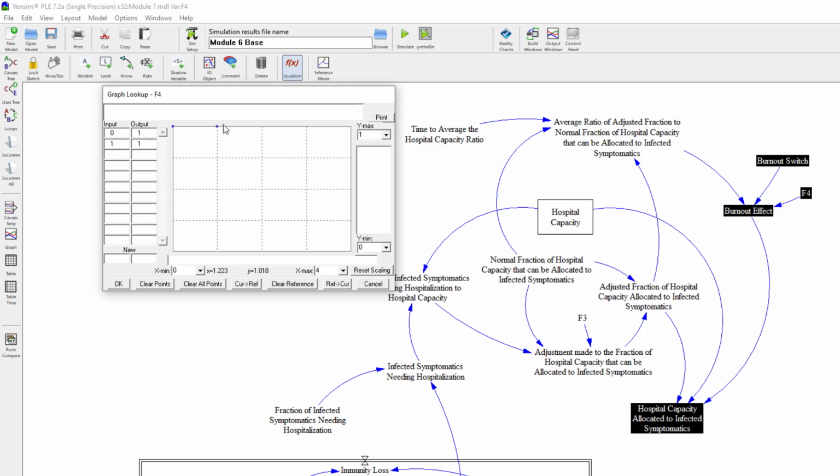So if x is less than 1, this burnout effect will be 1. It won't have any effect on the hospital capacity allocated to infected symptomatics.